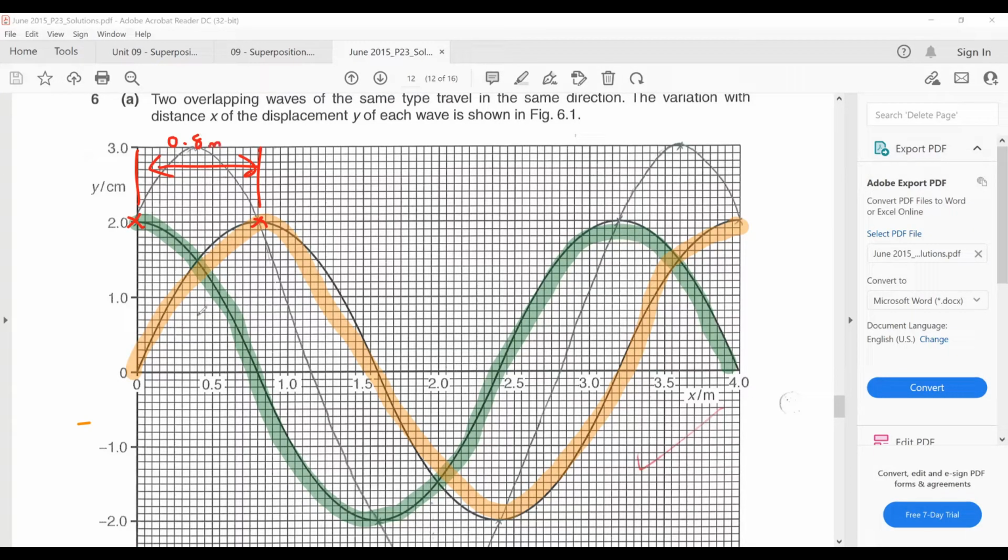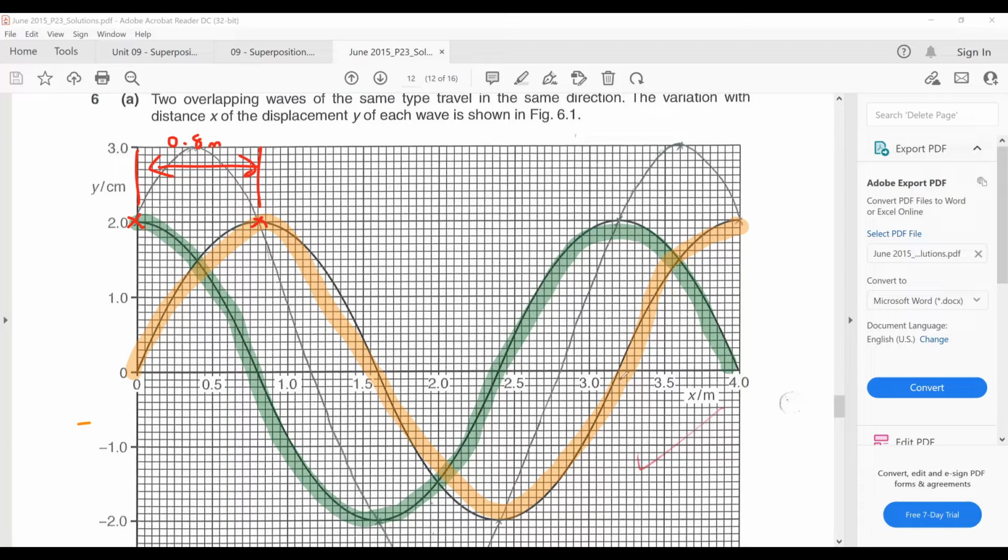Now, usually when you want to find phase difference, you always need to find it in terms of fraction of a cycle, right? So to find it in terms of fraction of a cycle, you need to know how much is the value of one cycle. If I refer to the part that I highlighted in orange, this one is one cycle. Okay, maybe I should use a different color. Sorry. Okay.